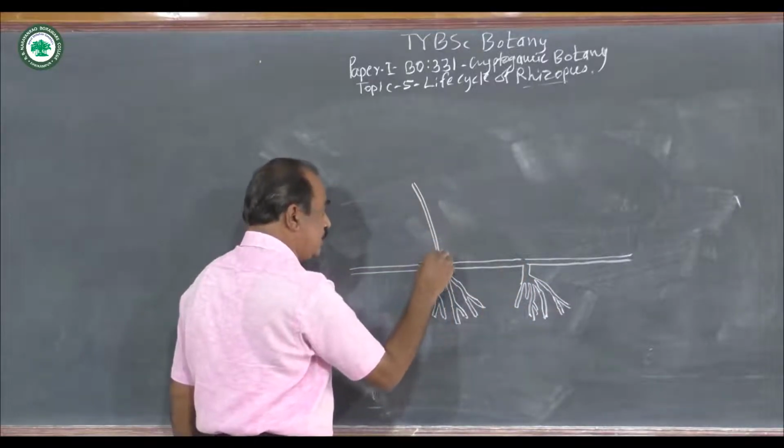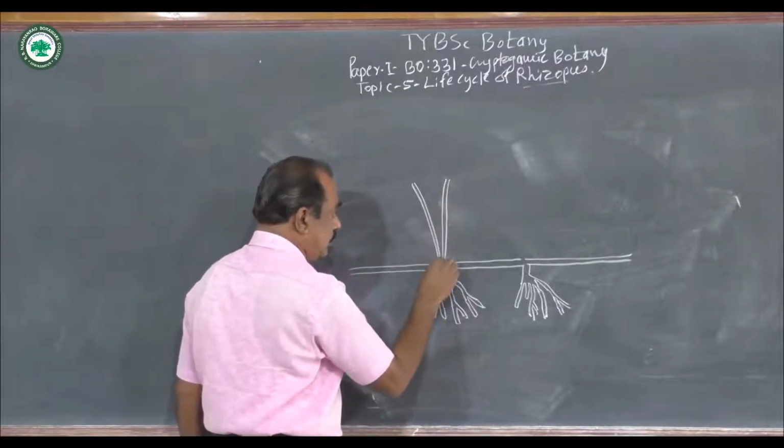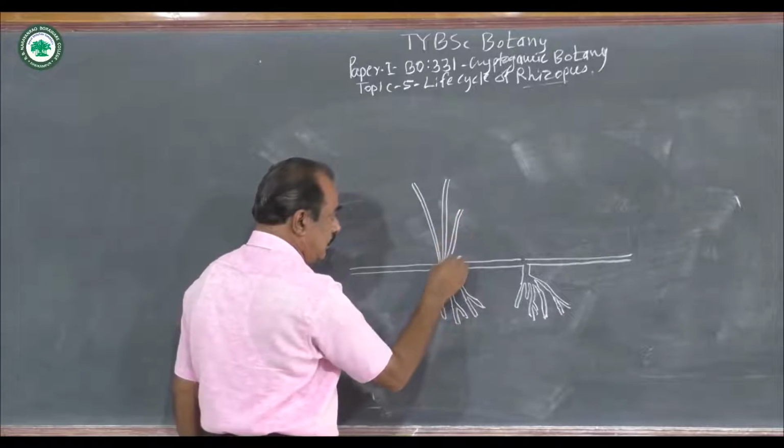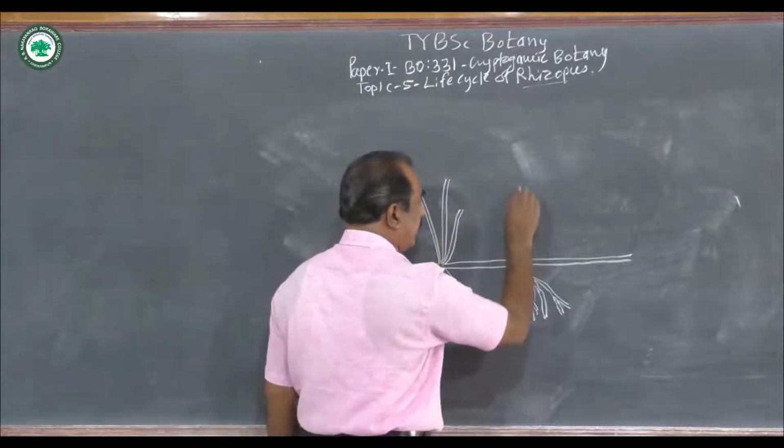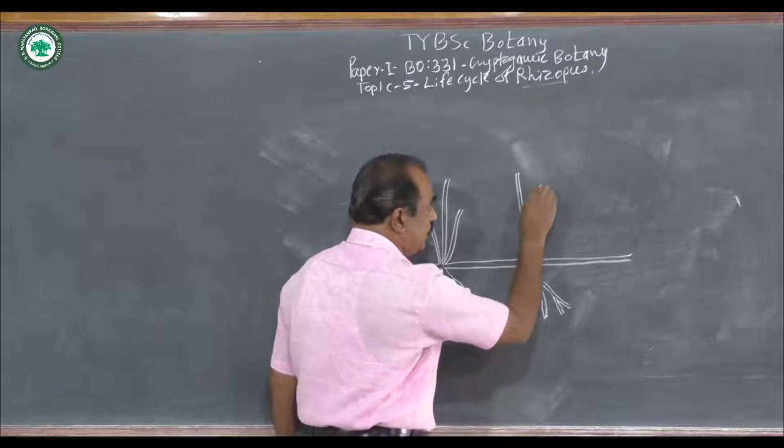This is the sporangiophore, which is an elongated tube-like structure.